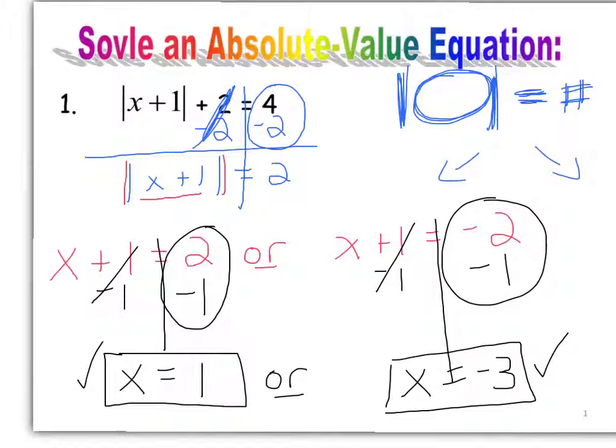Those cancel out. What you're doing is you're turning this equation into this equation, changing it into the form of equation that we've been practicing today in class. And so then you can set up one equation here, one equation here, and then you find your two solutions.